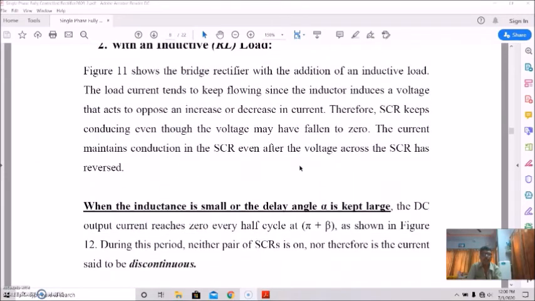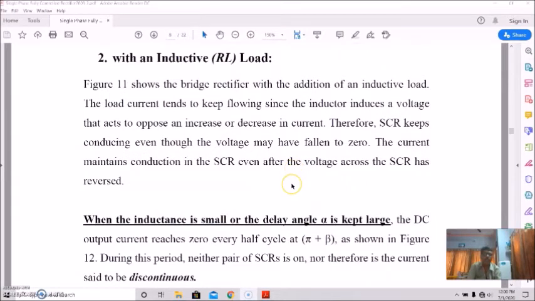During this discussion we will consider two cases of inductance: one where the inductance value is very low, and another where the inductance value is very high.